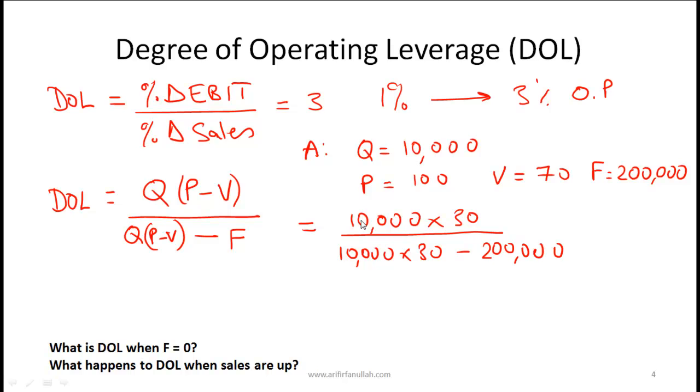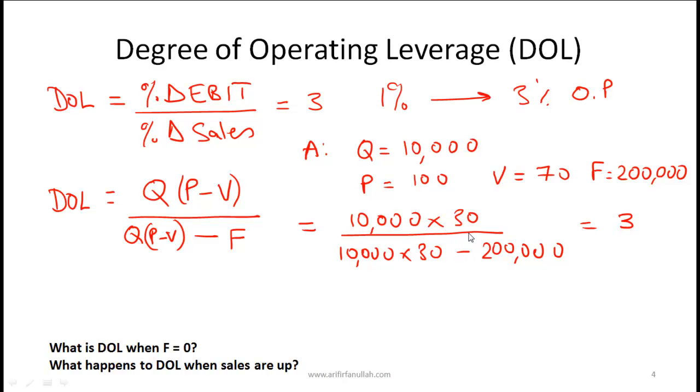So this becomes 300,000 divided by 100,000, which is equal to 3. What we are saying here is that at a quantity of 10,000, the degree of operating leverage is 3. So if at this stage the company can increase sales volume by 1%, then the operating profit will change by 3%.